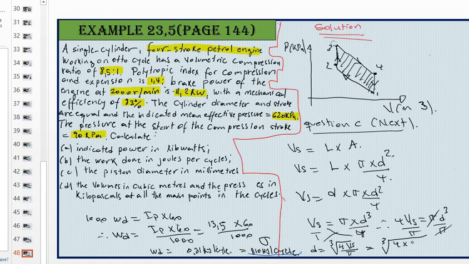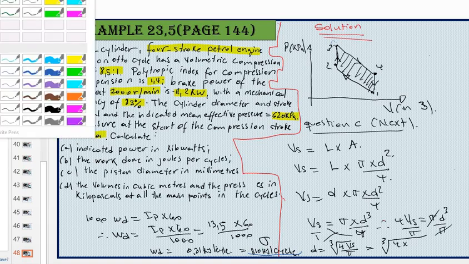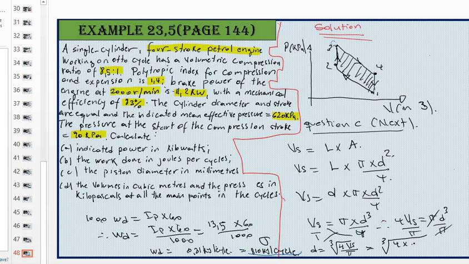Vs is 0.001306, and then I divide by pi. If I work this out, I'm going to get the diameter. So I'm going to create a new slide for that.